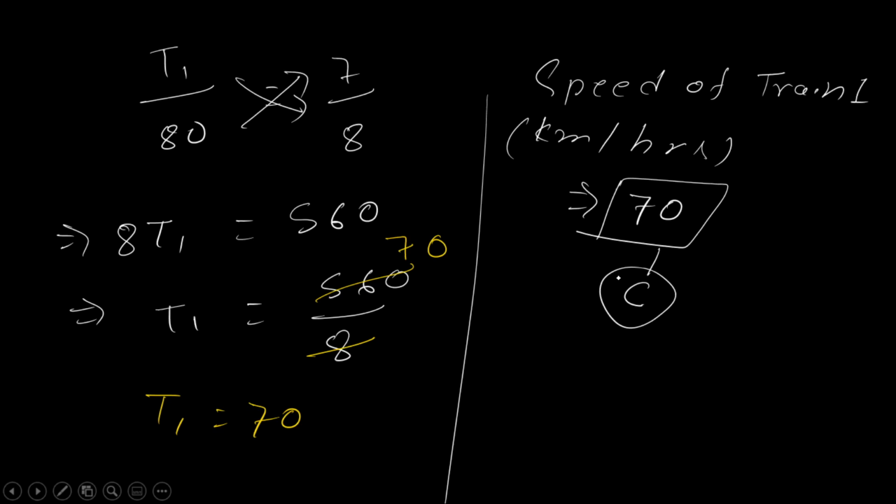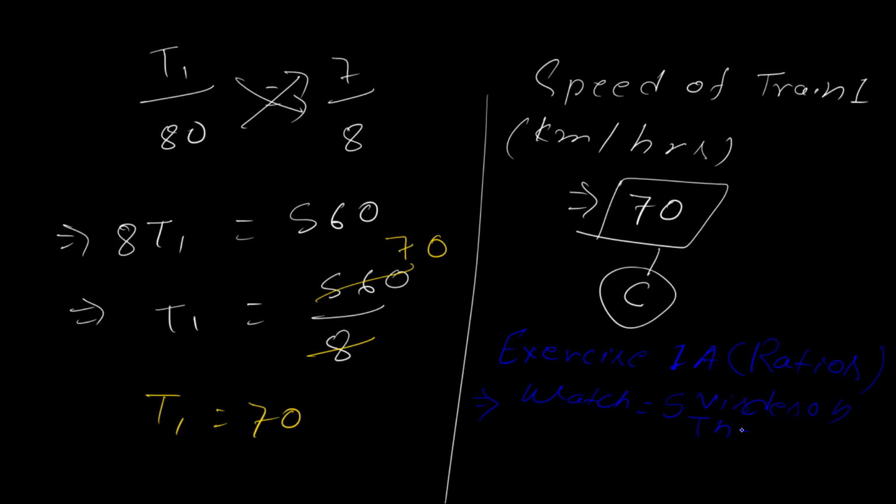Fine. So in this way we are done with exercise 1A, which is on ratios. Beta, what you have to do here: first watch the 5 video lectures on the theory part, and then continue the exercise.